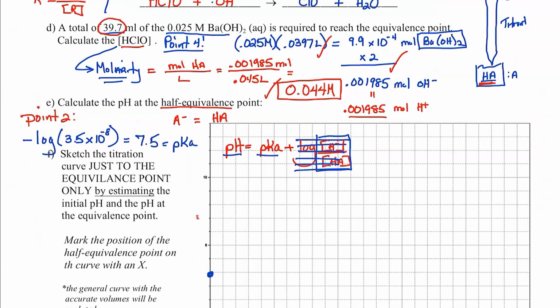Now, we said that about 40 or 39.7 was the volume of base. So that was the equivalence point. So right around 40, okay, is your equivalence point. And I'm just drawing a whole line here that it's going to be on here. Okay, half equivalence, where we would get an important point.